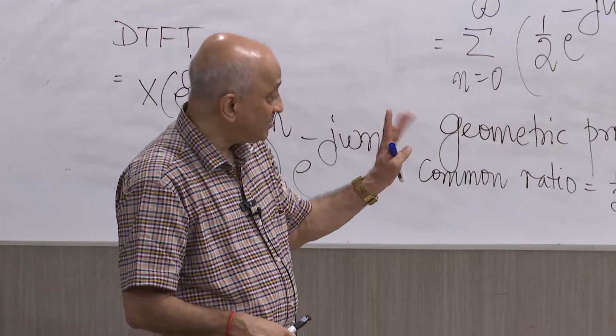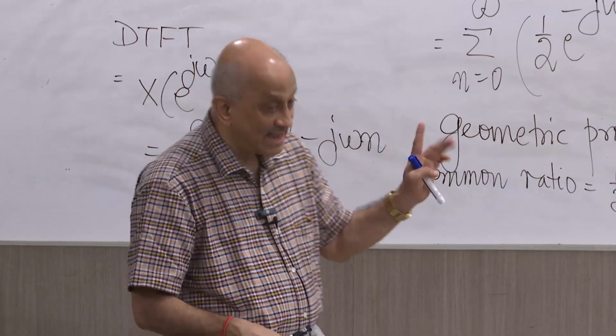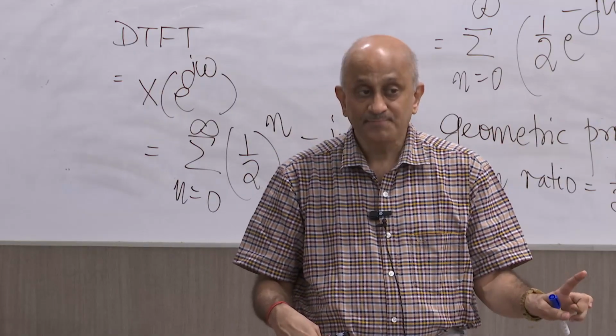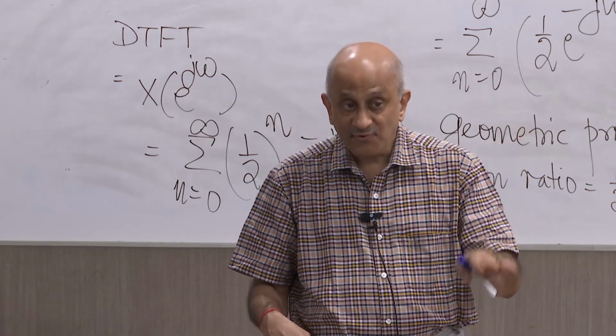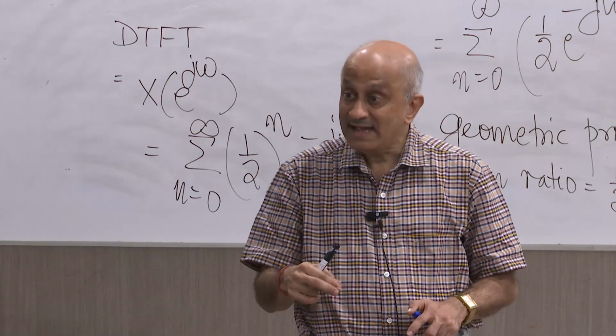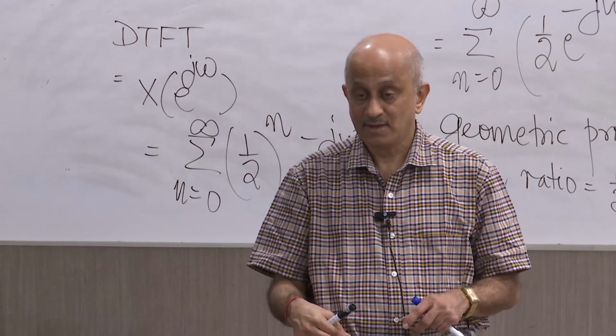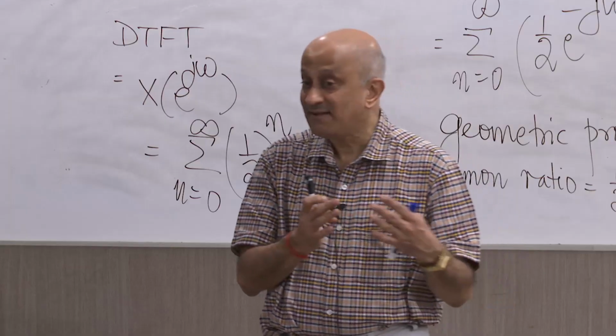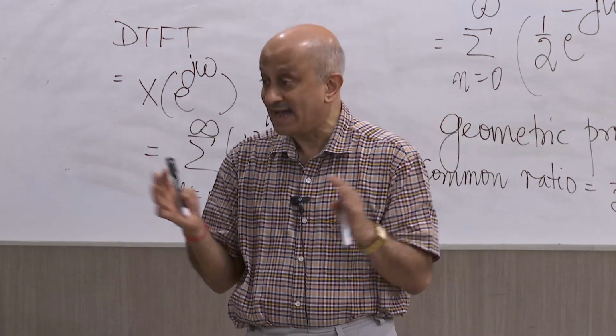However, what should be noted is that, also the other question that can come up at this stage is, this is a discrete sequence. Its discrete time Fourier transform is a function of small omega. Now, small omega is a continuous variable, but there is a periodicity. So, you don't have complete freedom all over the omega axis.